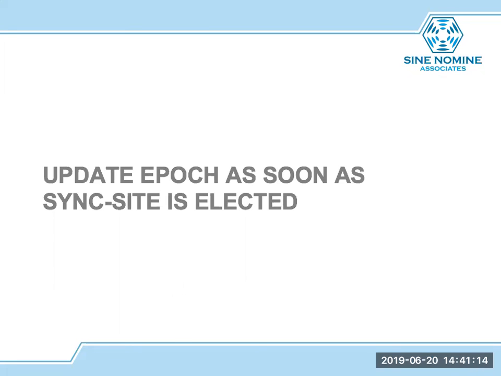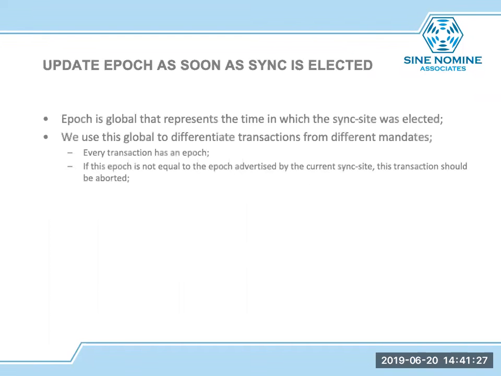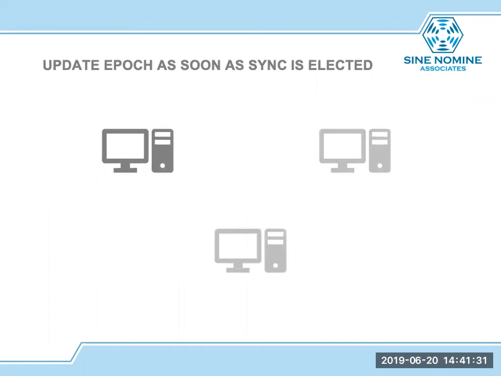As I said, the Sine site uses that global to differentiate transactions created by the current Sine site from transactions created by other Sine sites in the past. Every time the Sine site sends a beacon packet to the remote sites, it takes advantage of this packet to send the epoch.